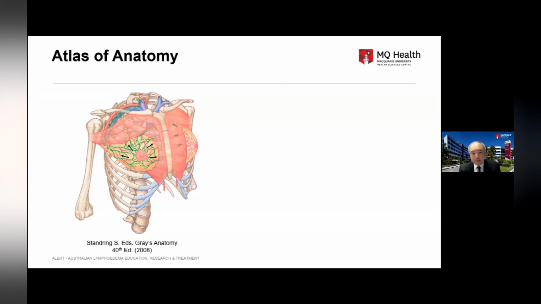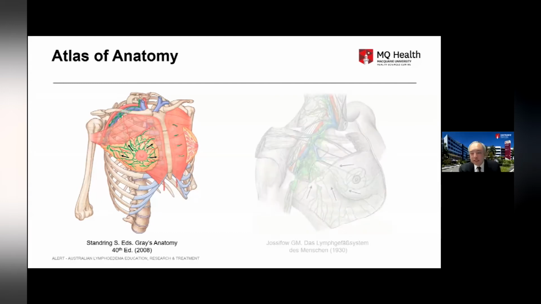On the left side is a current diagram from Gray's Anatomy. It's quite well detailed, and lymphatic drainage from the breast is drawn by the green line. But if you look at all the material, one piece of information missing in Gray's Anatomy is the lymphatic system in the torso.